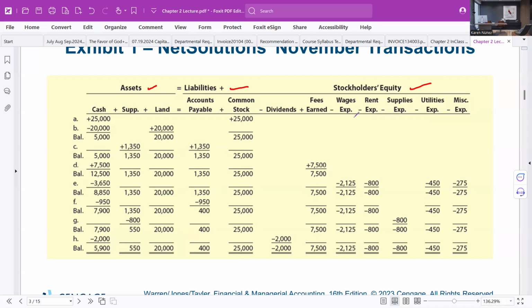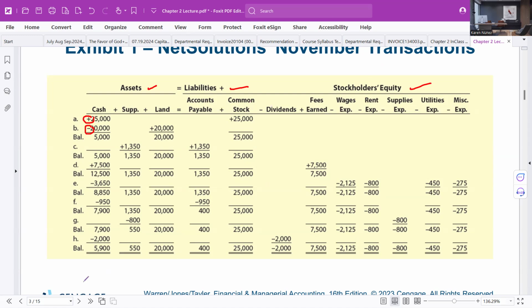And now we're saying that every account is going to have a title, and we need to be able to increase those accounts and decrease those accounts. Every account that we call an asset is listed here. Every account that we call a liability is listed here. Same thing for equity: the common stock, the dividends, the revenue, the expenses, they're all listed there. We need to have titles. We need to be able to increase them. We need to be able to decrease them.